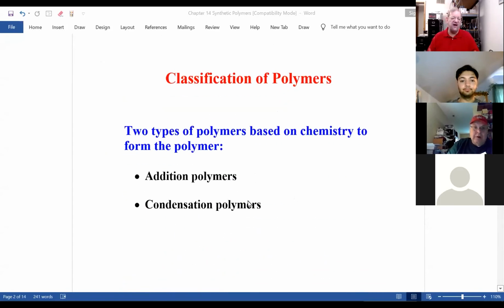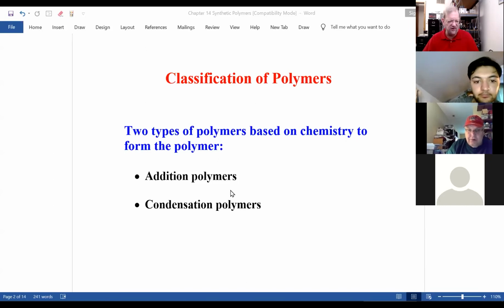Now, switch is on. When we talk about polymers, there's two types of ways of classifying polymers. One is by their chemistry, and one is by their physical properties. When we talk about their chemistry, there are two types you should know.